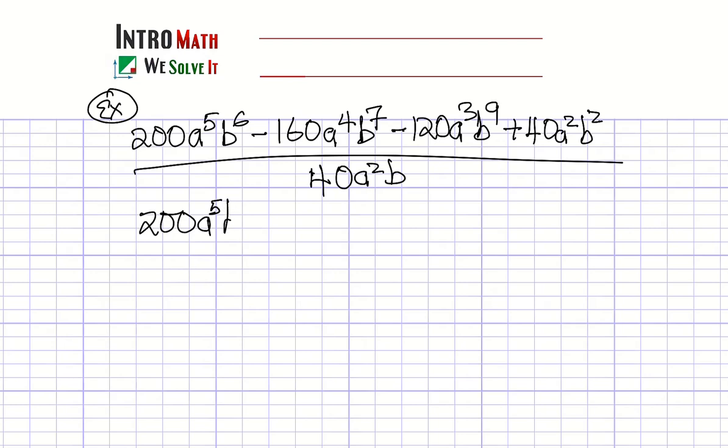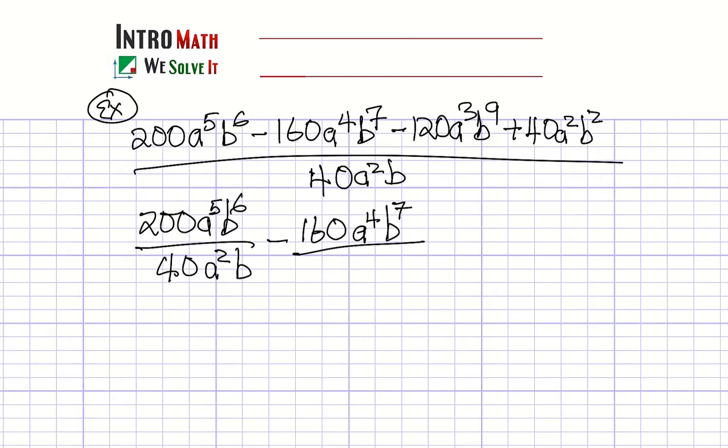Okay, b raised to the power 6 over 40 a raised to the power 2b, negative 160 a raised to the power 4b 7 all over 40 a 2b.